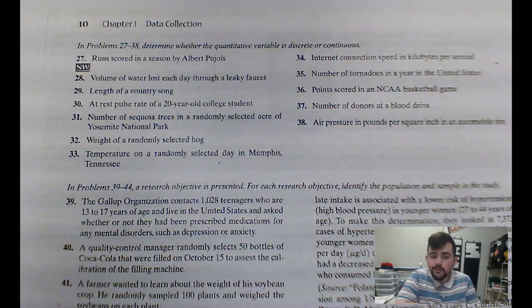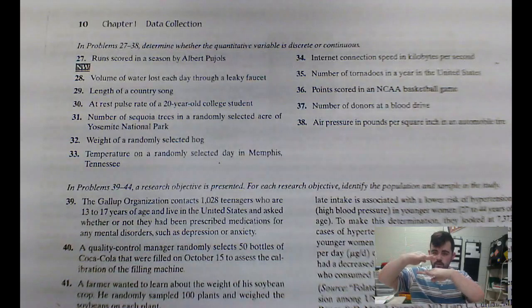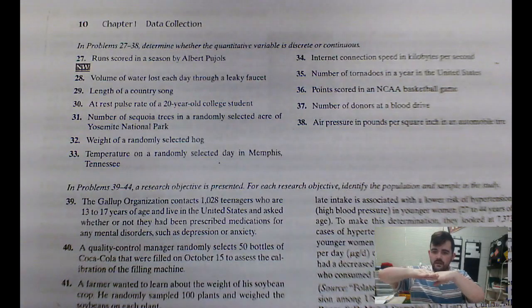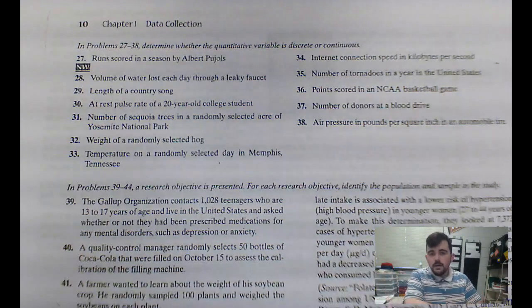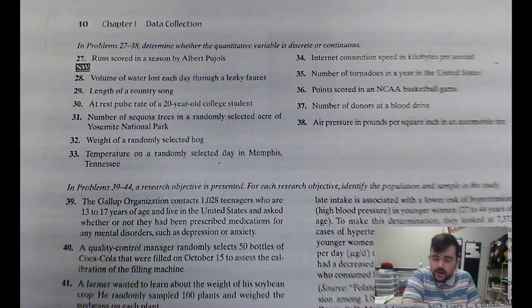And depending on how precise of a ruler you have, you could always find like 5.5 inch, 5.25 inch, 5 1/8 inch, 5.01 inches, and that makes things continuous, where there's always going to be one more in-between value.